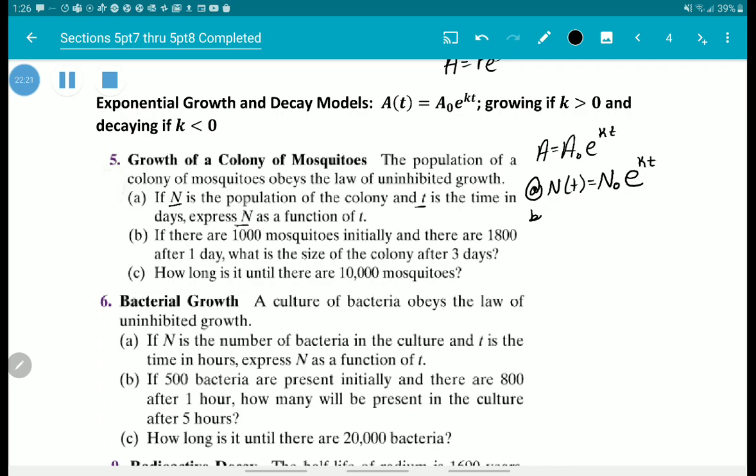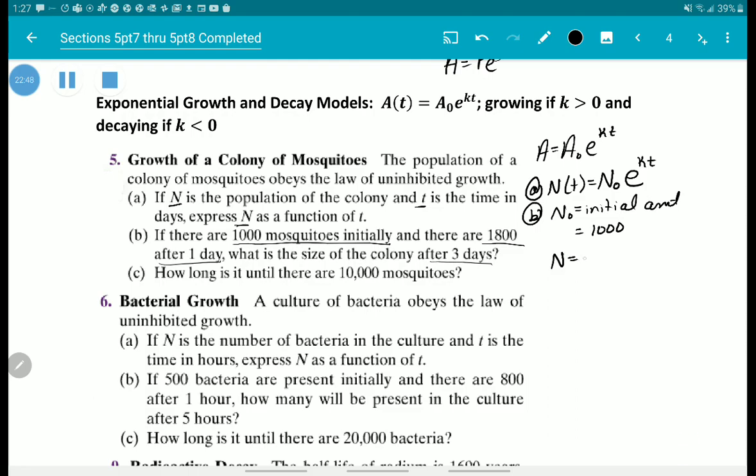Now B's given us some information. It says there are 1,000 mosquitoes initially, and there are 1,800 after day 1. We want to know what's the colony size after 3 days. So that N sub naught, that's your initial amount, and in this case, that initial amount is 1,000 mosquitoes.